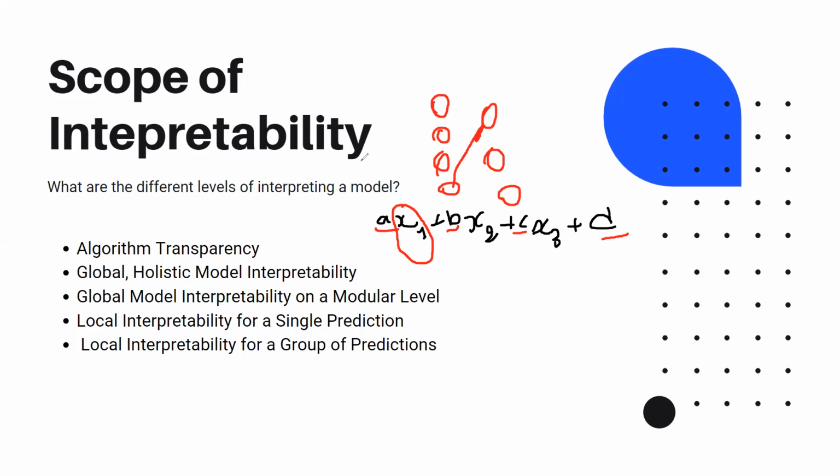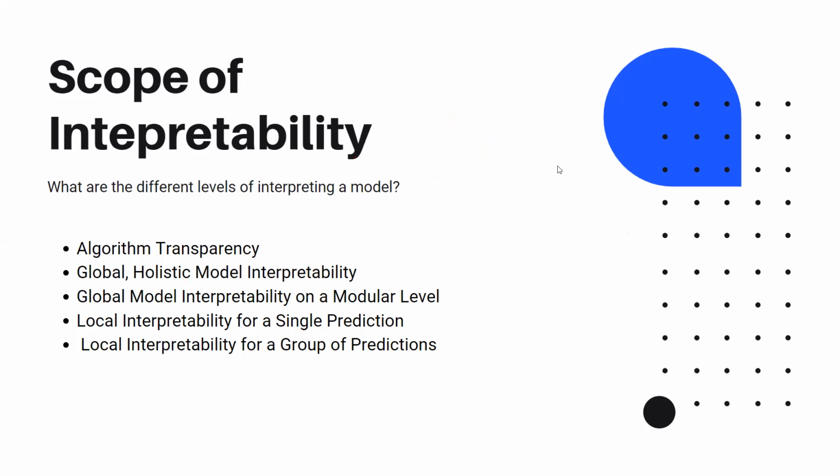Does it mean that this feature is important or this feature is important? We have no idea what it means, right? So for smaller models, such as linear regression, we understand the influence of these values directly. We can interpret it. But for the weights of a neural network, we cannot interpret that. So this is the third level of interpretability.